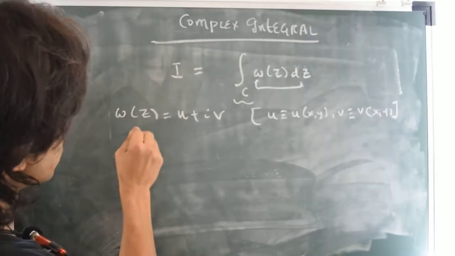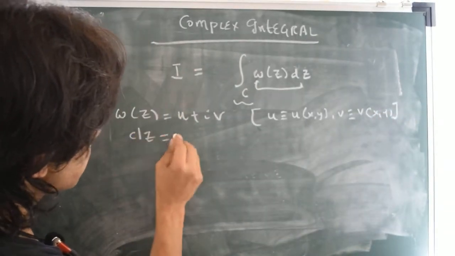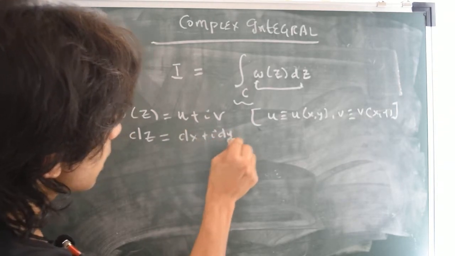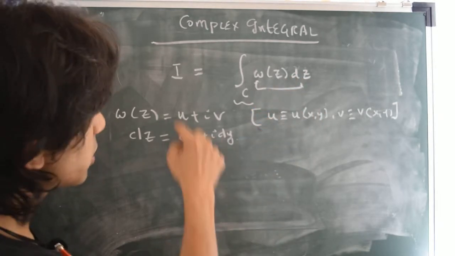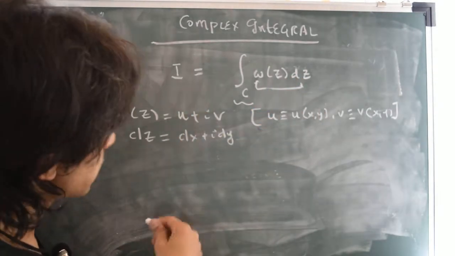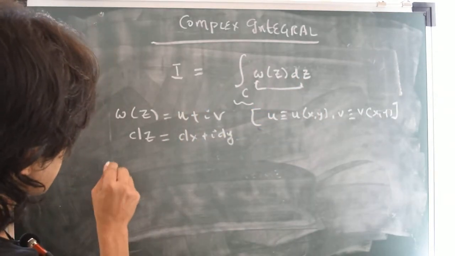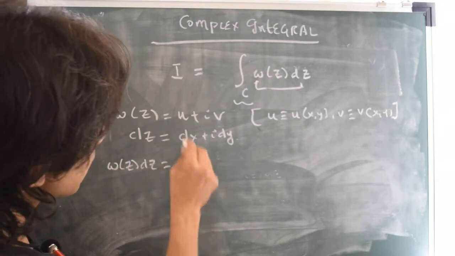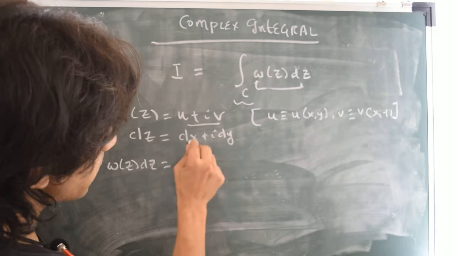Likewise, dz, the infinitesimal complex number, is dx plus i dy. And the integrand here is just a product of these two complex numbers, w(z) dz, this multiplied by this.